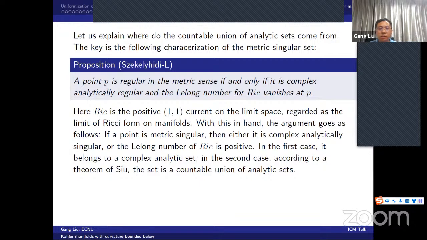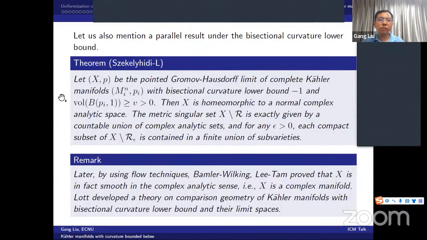And in the second case, according to the theorem of Siu, the set is a countable union of analytic sets. When the bisectional curvature has a lower bound, we can obtain the analogous result. Actually, it's parallel. Notice in this setting, we do not need the polarization assumption.